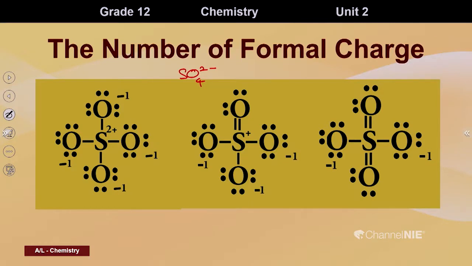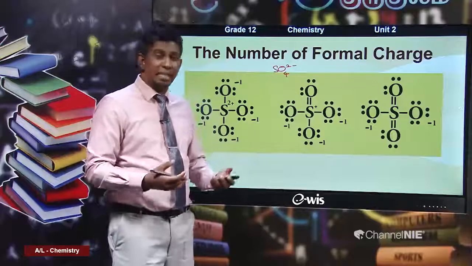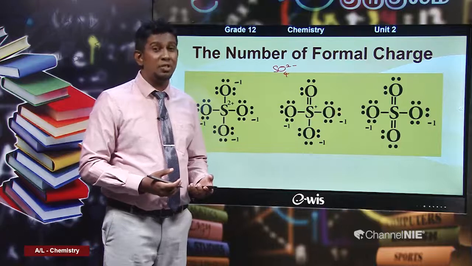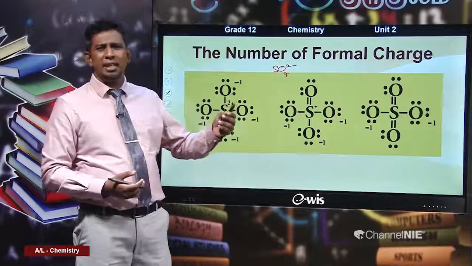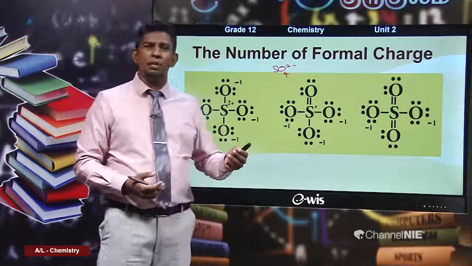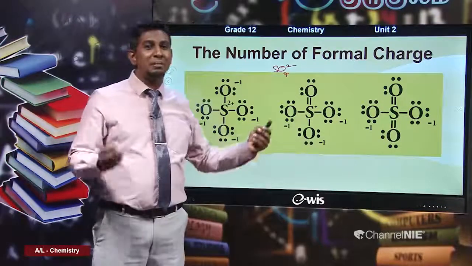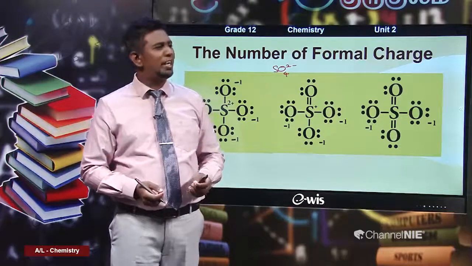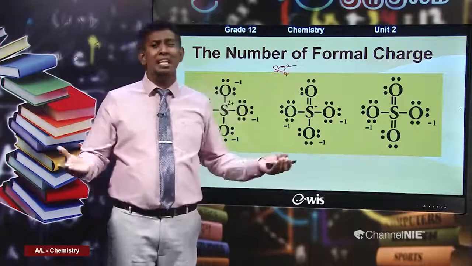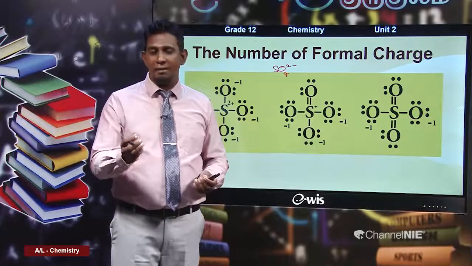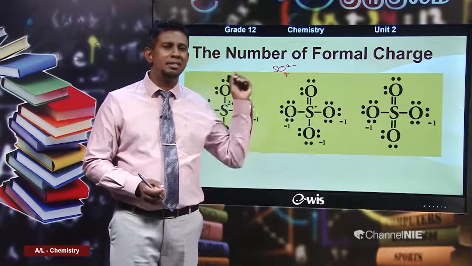To start drawing the Lewis structure, take the total number of electrons. Sulfur gives 6 electrons and oxygen 6 into 4 is 24 electrons, plus 6 is 30 electrons, plus 2 electrons by the charge is 32 electrons. Divided by 2 is 16 electron pairs in the valence shell of this anion.